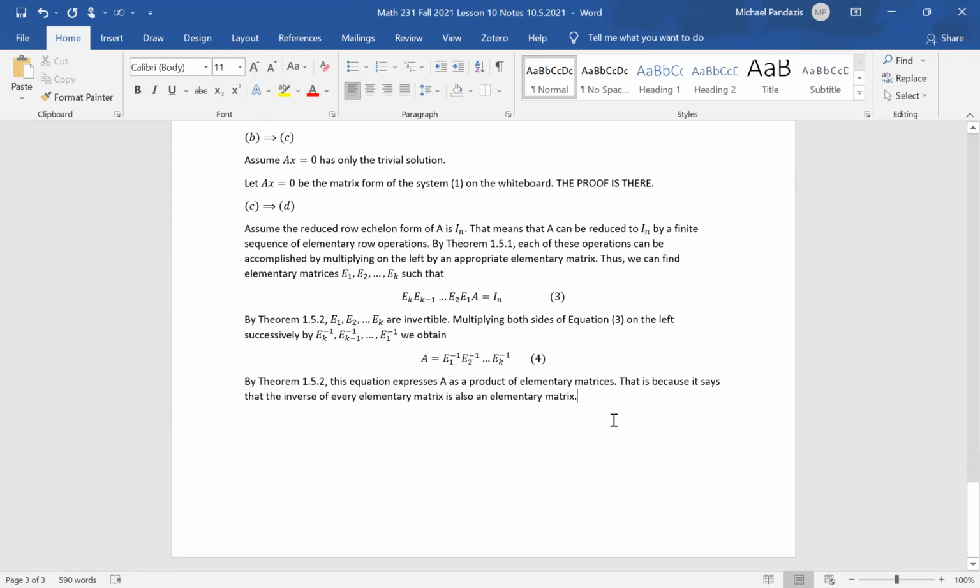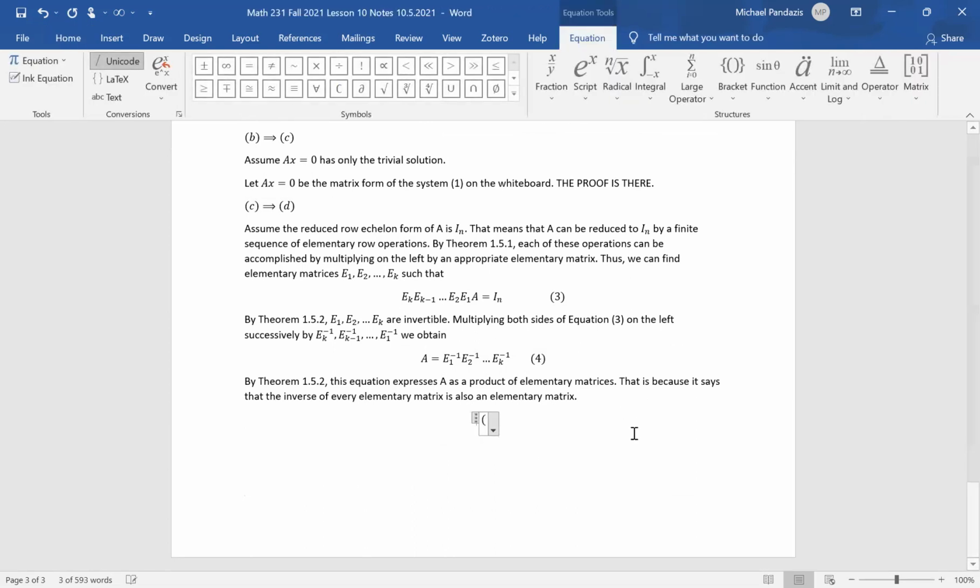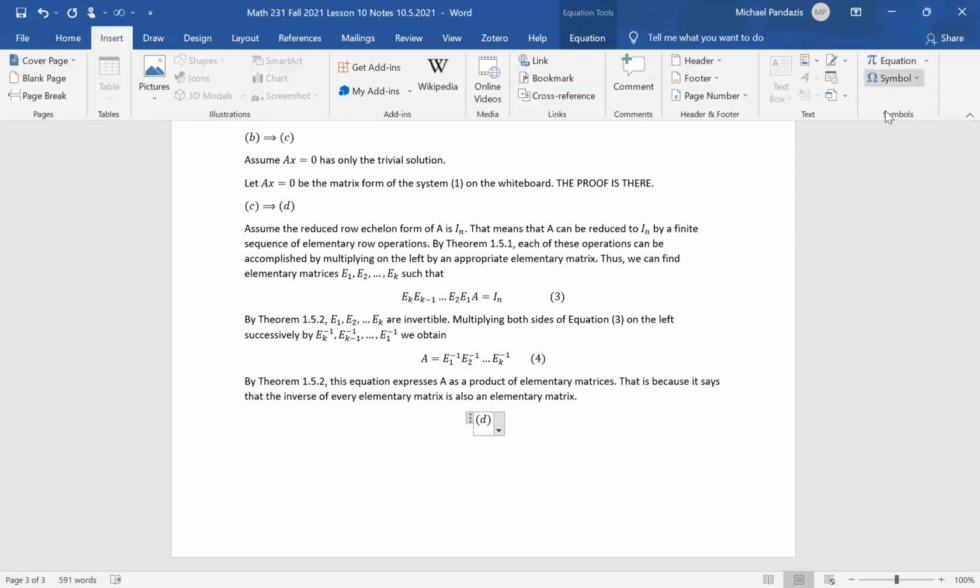And lastly, it's D implies A. Okay, so D implies A is the last thing to prove. And then we are done with the chain of implications. And so we proved that all 4 statements are equivalent after we prove this.